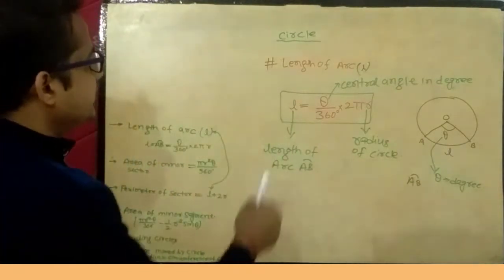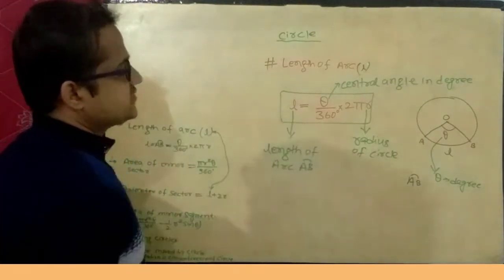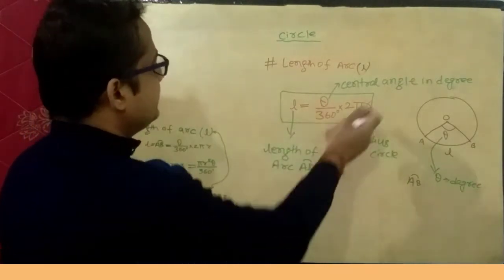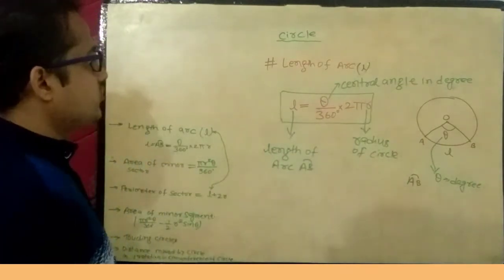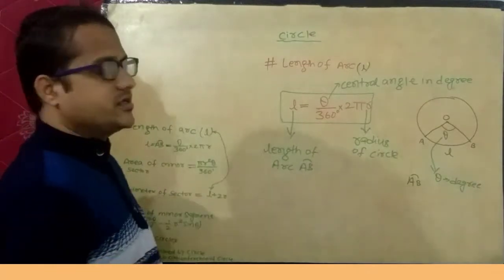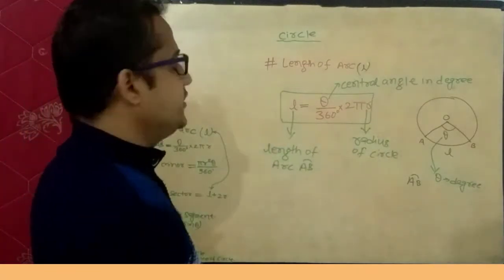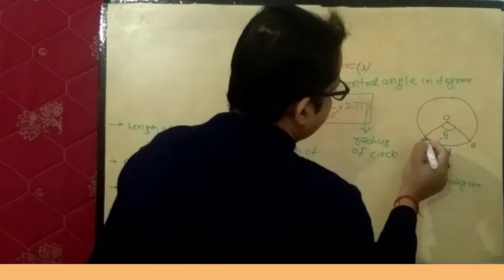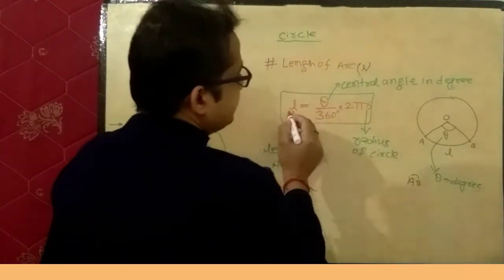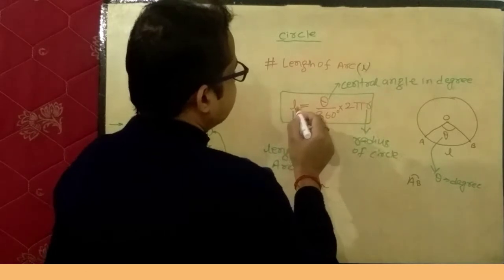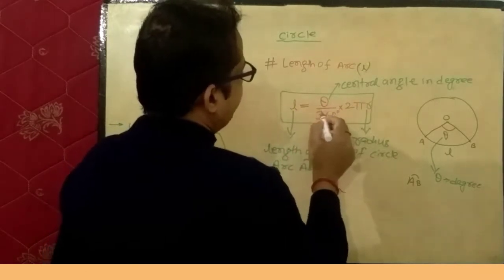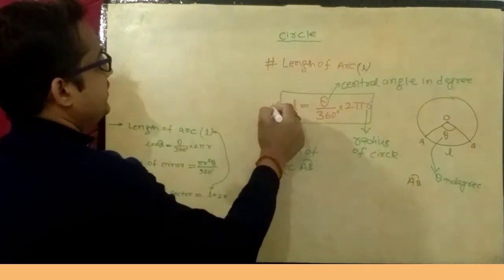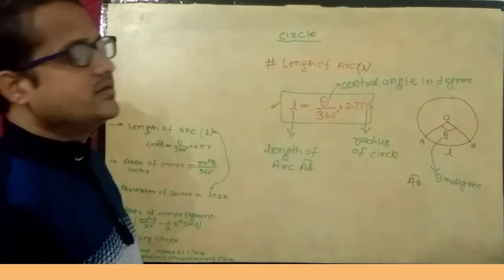So there are three unknowns. First is the length of arc AB, second is the central angle theta, and third is the radius. Out of these three variables, if any two are given, then you can easily calculate the third variable. So the arc length AB is small l, and l equals theta upon 360 degrees into 2 pi r. By using this formula, you can calculate the arc length AB.